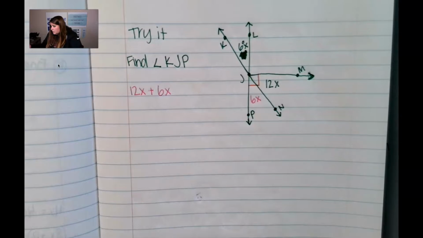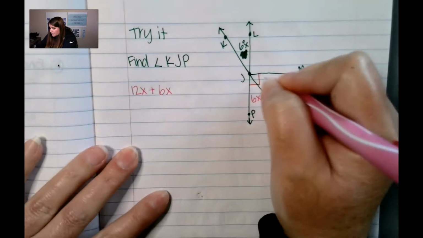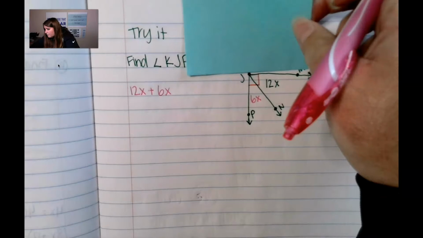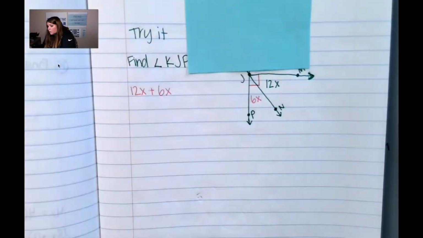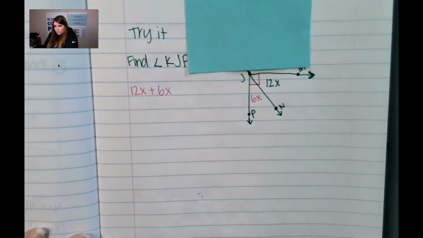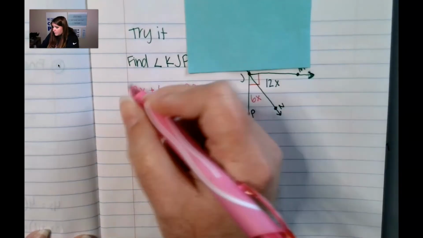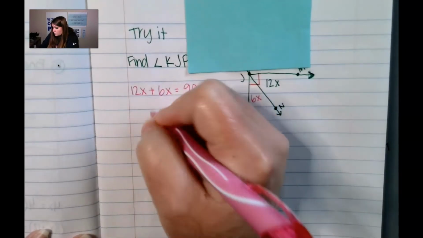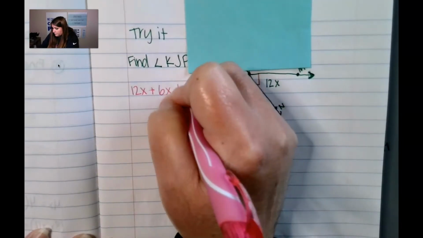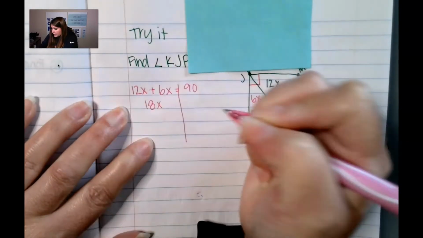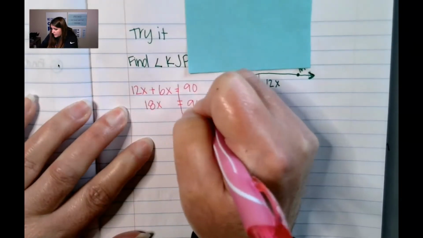All right. So this plus this equals that 90 degrees. I'm going to go ahead and keep covering up the rest of this. So we're just working with this complementary angle right here. So this equals 90. So 6 and 12 gives me 18. So I have 18x equals 90.